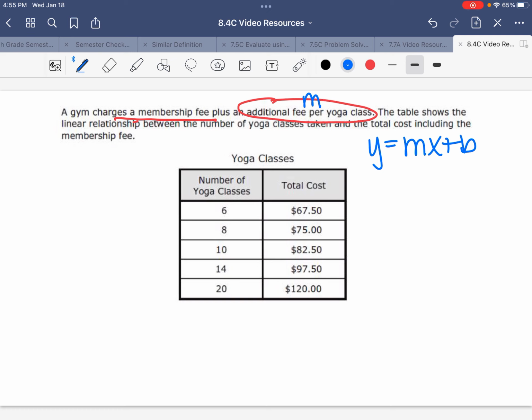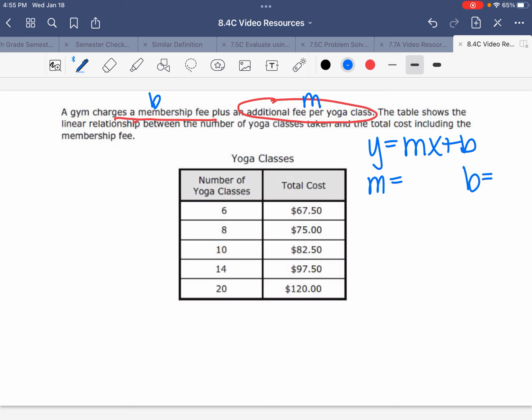But the membership fee is only happening one time. So that's my initial value, or my y-intercept. And the table shows this linear relationship between the number of classes and the total I'm spending. And we want to find what M, that slope, that rate of change, is, and what B is. But we also want to make sure that we interpret them.